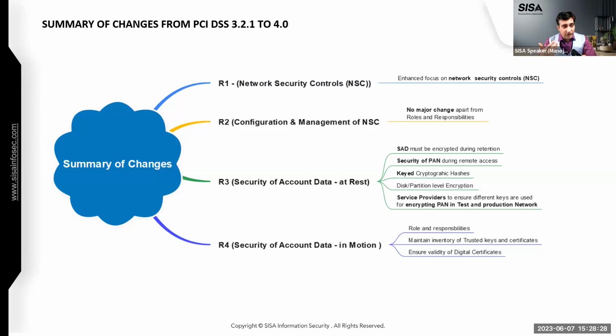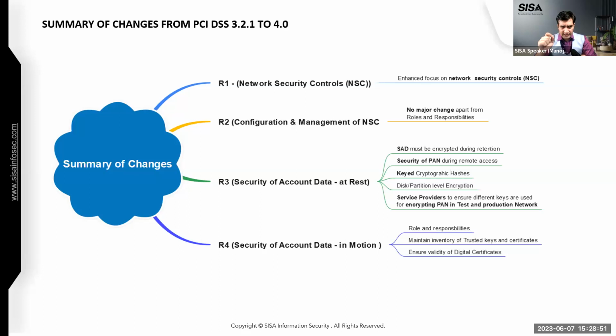Or it may be your CVV2 as well, which is there at the back side of the card. So there has been a specific requirement from both perspectives. In total, we call it account data, which also contains your cardholder data, which I told you earlier, and also sensitive authentication data, which may include your PIN, your CVV2 value, or your track data.